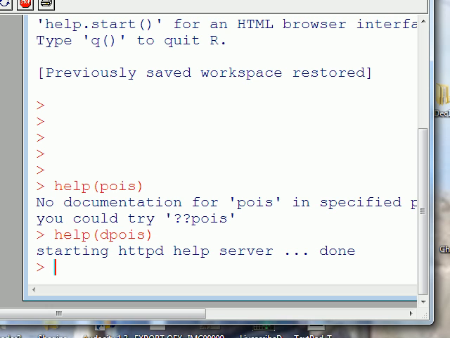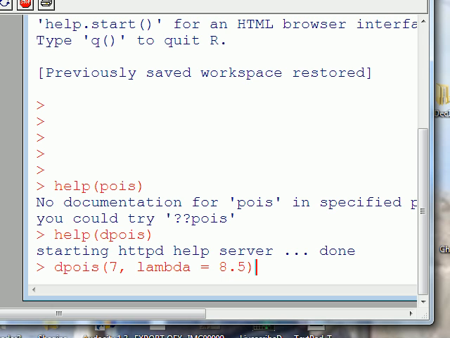Now let's say we want to find the Poisson probability that you're going to sell, say, 7 houses tomorrow, and usually you sell, I don't know, 8.5 in a day. Let's see what that is.